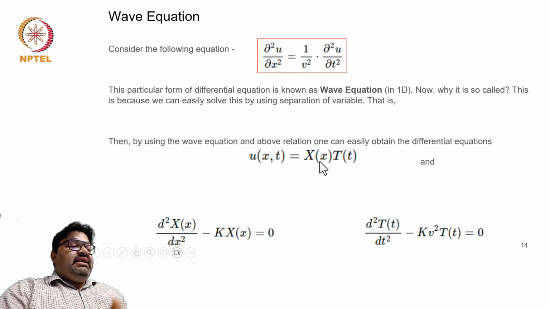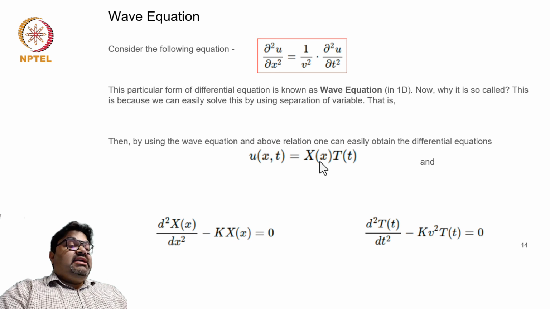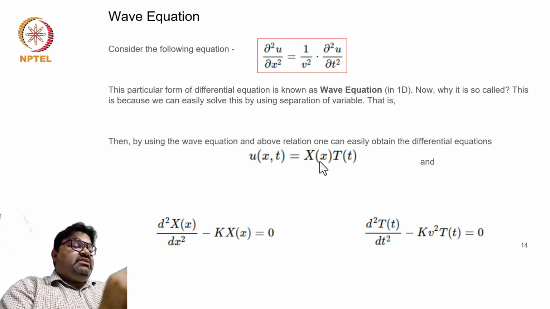So we have then the function which is to be solved, a function of both x and t. So we use separation of variables. We assume that there are two different functions, one just spatially related and a function of space, and one a function of time. So if you do that, you get two separate equations, one with respect to time and one with respect to space.